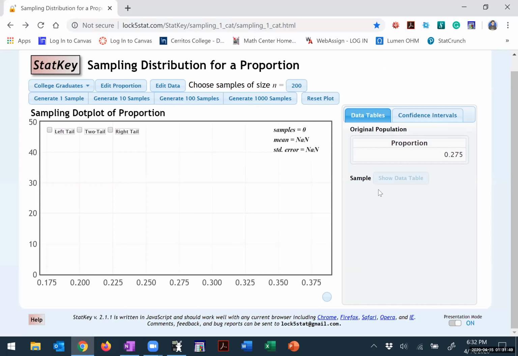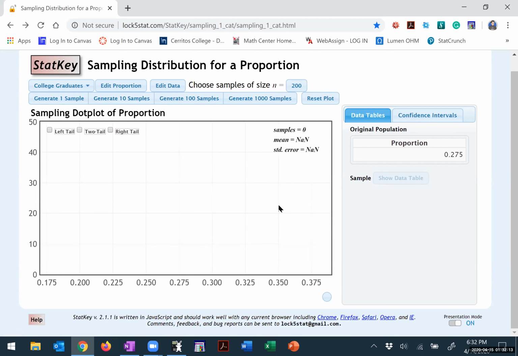Let's look at a visualization here real quick that I have up. Hopefully you guys can see this visualization. Is that the right visualization? Maybe we won't do this one. I want to go back to sampling distribution.